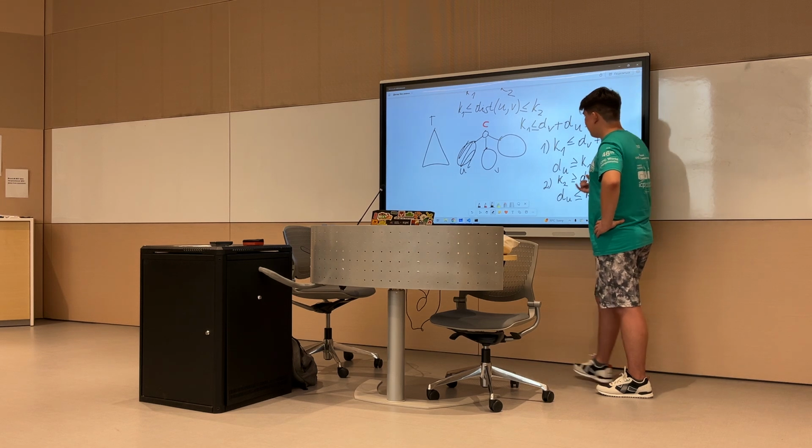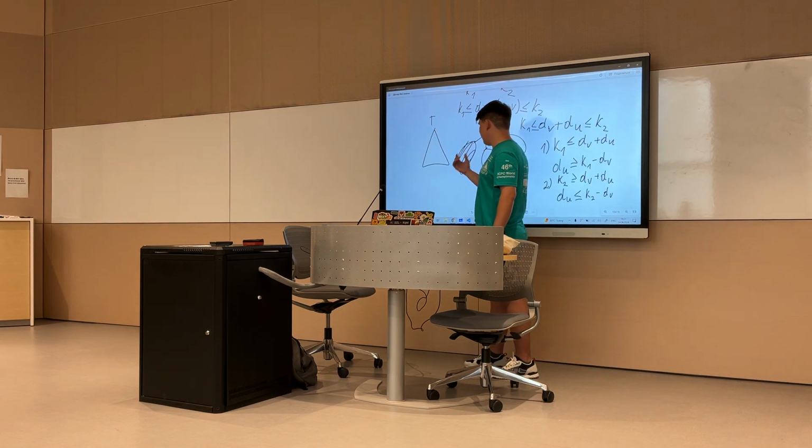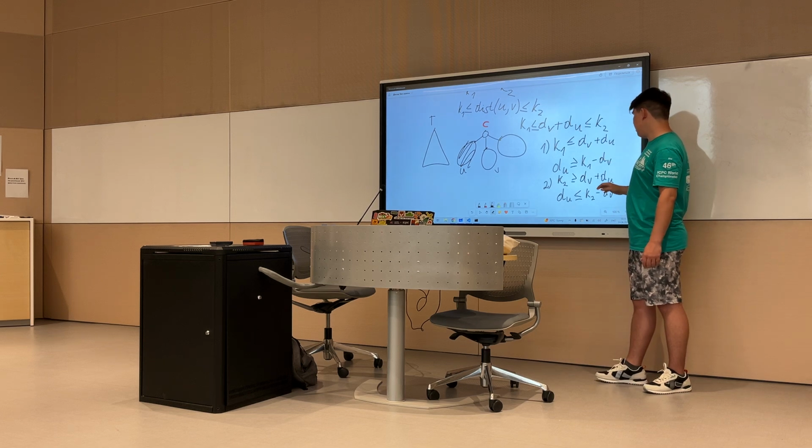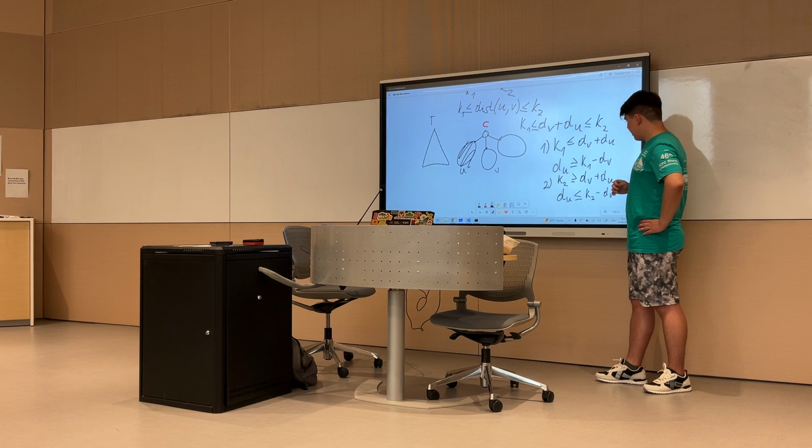Because it's a segment tree, we can just call the get function and add to the answer the number of vertices that lie on the segment from k1 minus dv to k2 minus dv.